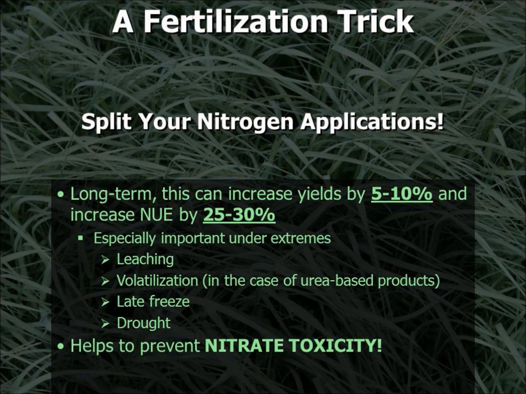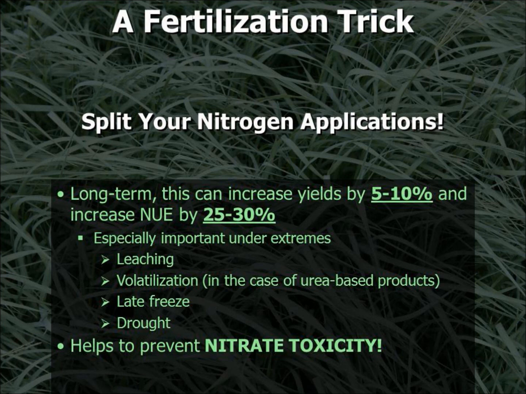And it increases our nutrient use efficiency, or nitrogen use efficiency in this case, by 25 to 30%. In other words, the nitrogen dollar that we put out there goes 25 to 30% further when we split it. The reason for this is, particularly under weather extremes like leaching, but more recently we've been talking about drought and also late freezes. It's going to get cold tonight. I don't think it's going to frost, but it's going to get cold.